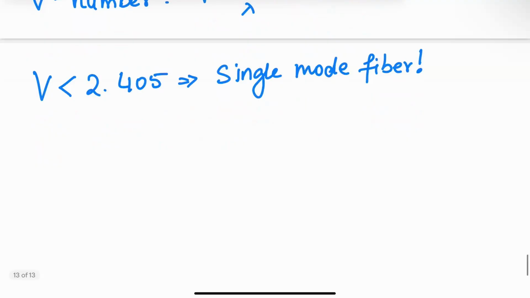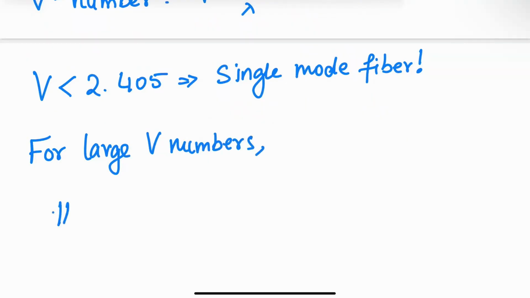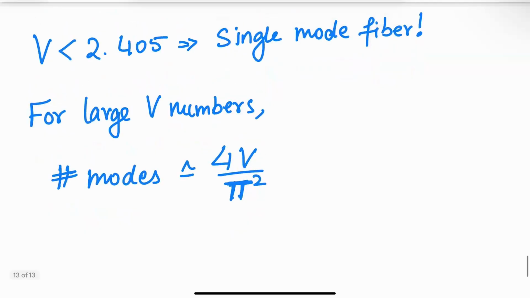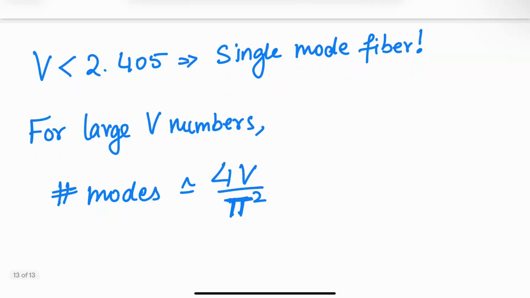Now, another useful thing with the V number is that for large V numbers, and only for large V numbers, you can use this. You can show that the number of modes is approximately equal to 4V squared over pi squared. You can show this by calculating the density of modes of a given fiber optic cable, and this calculation is available in some books.